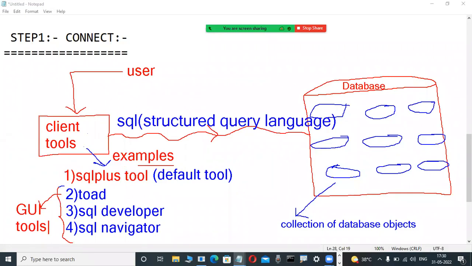GUI tools are a graphical user interface, same as Windows. Roughly, the diagram has tools, the server, the SQL language, and SQL Plus, which is the default tool. Draw this diagram. SQL Navigator is a tool name. Those are explicit tools.